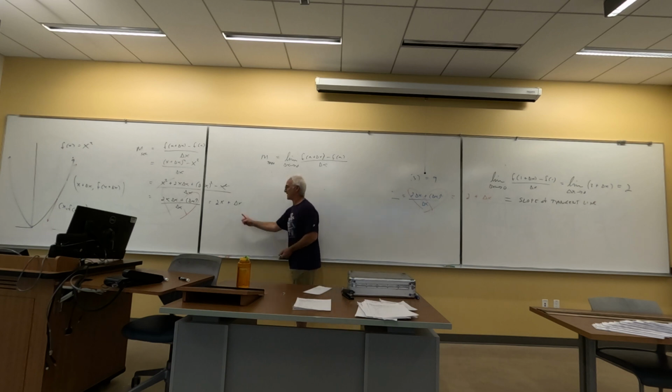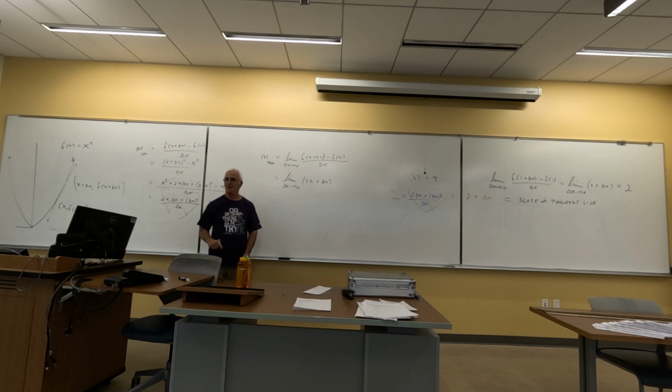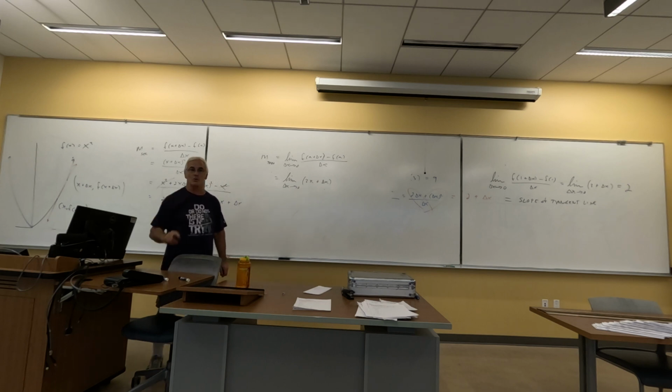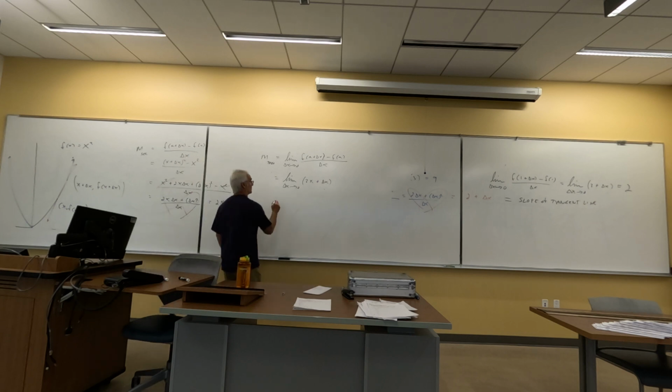I'm not going to redo the problem. Let's just fast forward to here. Won't that be the limit then as delta x approaches 0 of the quantity 2x plus delta x? And what will that be? I can evaluate this because it is no longer a quotient. That's really the key. So what is this value? If delta x is approaching 0, what am I left with?